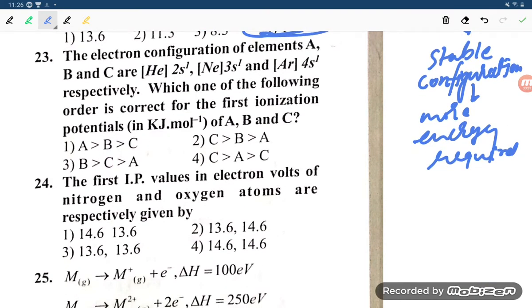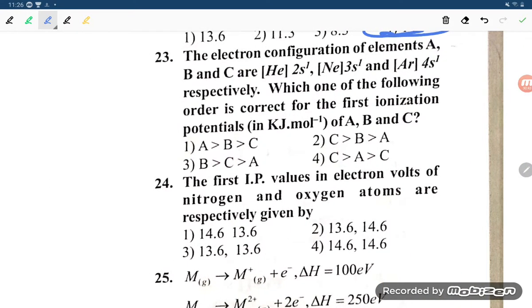Now let us move to question number 23, student. What is question number 23? The electronic configuration of elements A, B, C are helium, neon, argon respectively. Which one of the following orders is correct for the first ionization potential? So student, they are saying helium is there, neon is there and argon is there.